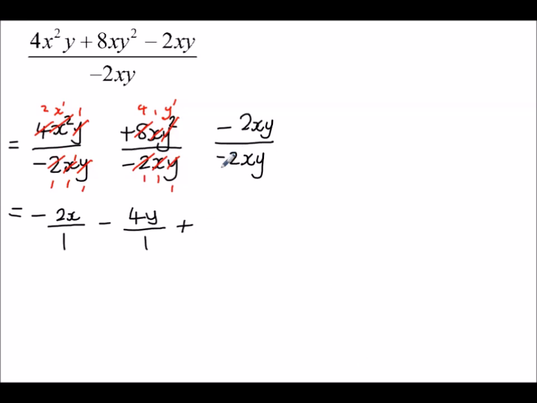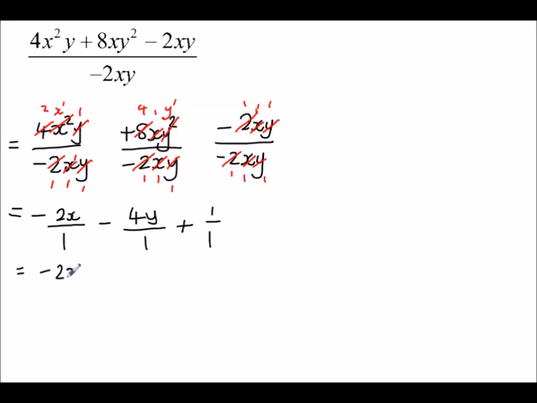Right, 2's just cancel because they're identical. X's just cancel because they're identical. Y's just cancel, they are identical. You cannot have naught. Okay, so that term cancels, and you have 1 over 1, which is the same as 1. So let's write this properly.